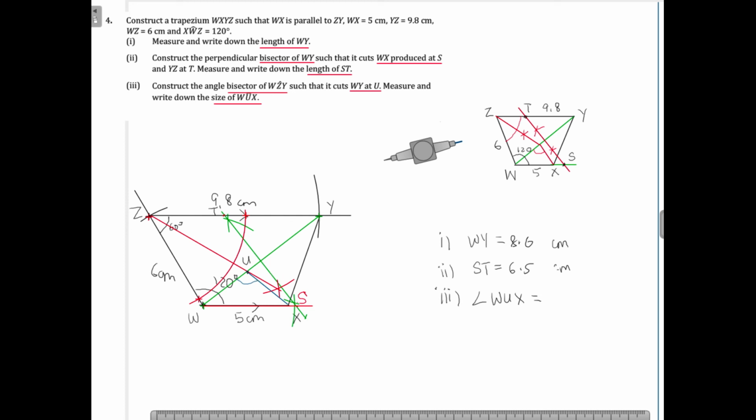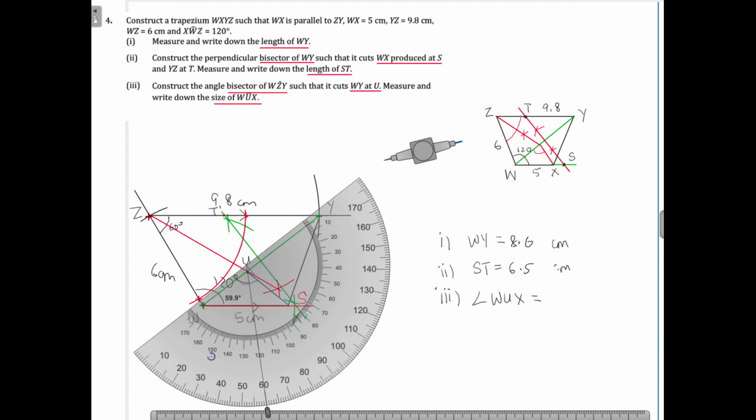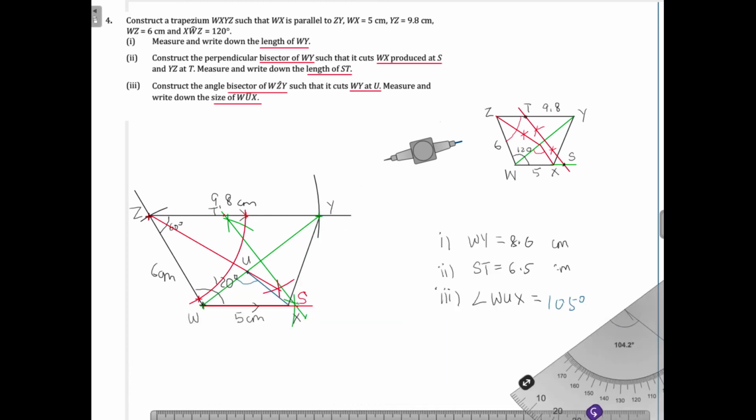Bring our protractor to that area, make it center, and WUX. If I measure correctly, it's about 104, 105 degrees. That completes all the construction. Thank you.